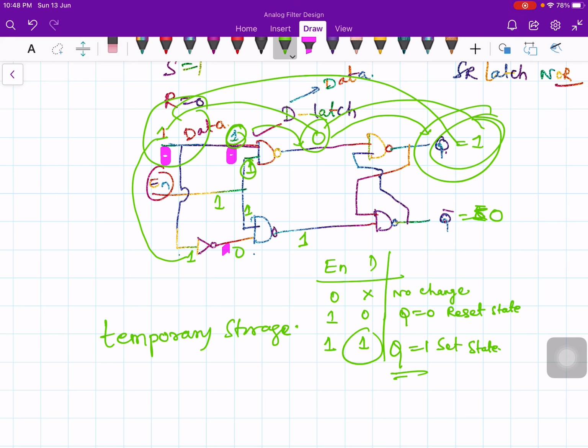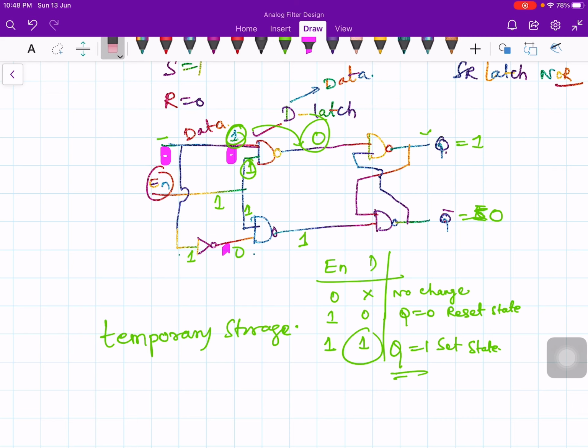The binary information present at the data input of the D latch is transferred to the Q output when the enable input is 1. Here the output follows the input. Okay, so here the output follows changes in the data input as long as the enable input is 1.